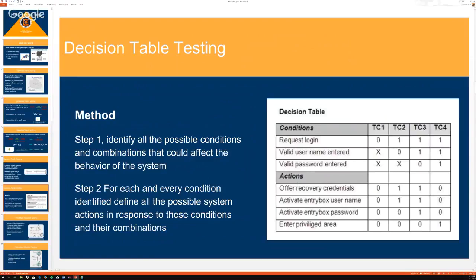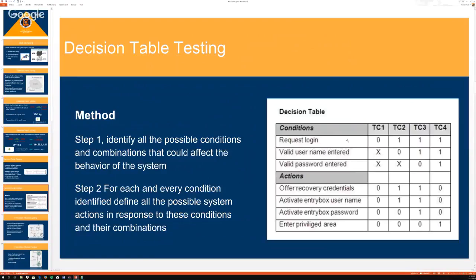We have actions like offer recovery credentials, activate entry box for username or password, or enter to the system, give access. Zero means false, one means true, and the x means the value is not relevant.